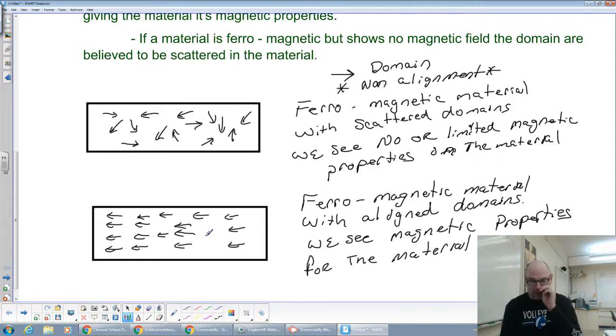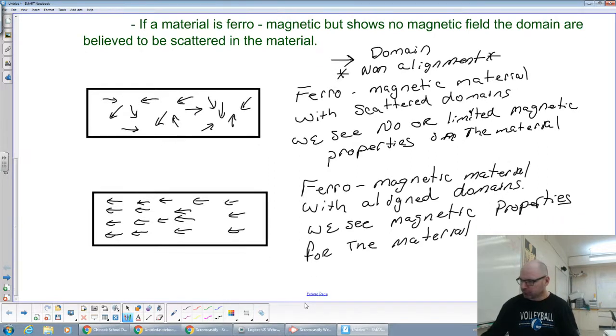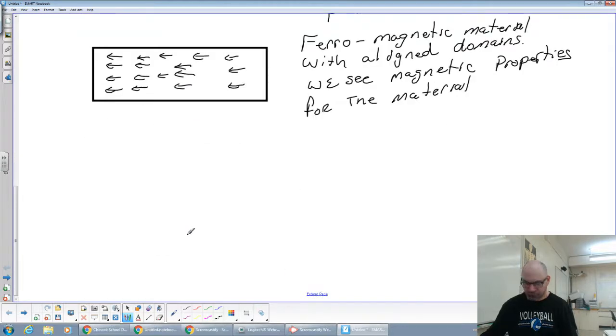Now, if you have a non-ferromagnetic material, there's not even domains in it, or very, very few atoms act like domains. So if you have a non-ferromagnetic material, let's throw one more in here. That's why it never becomes magnetic, even though you try to induce it.